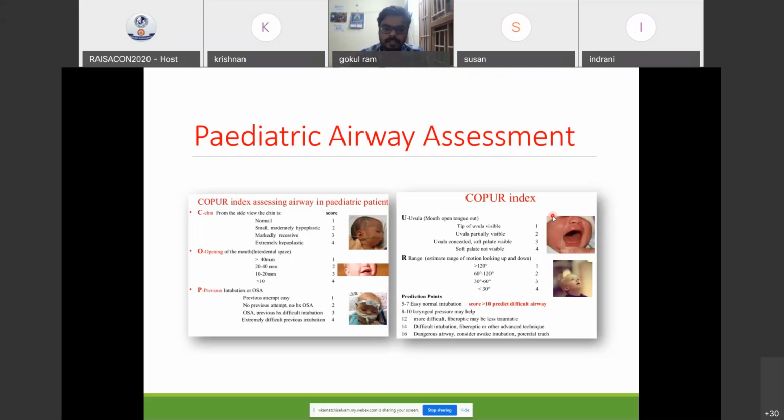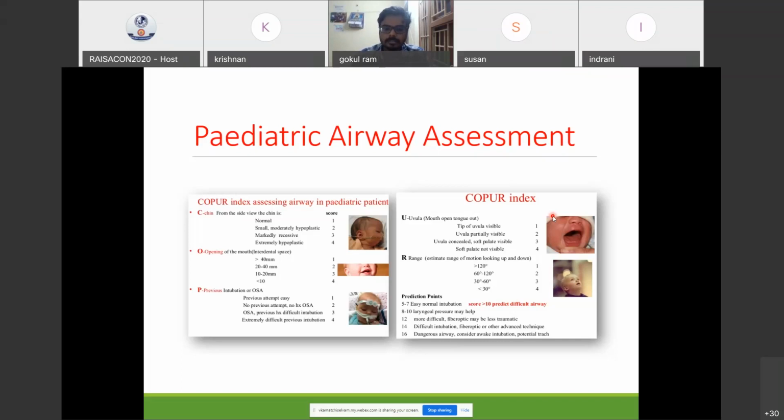For an older child, I'll ask the baby to open the mouth and perform it. The baby is 1 year, so I will manually try to open the mouth and see if the uvula is visible or not, sir. Don't try to do it manually. If the child cries, you just bend your head and see if the uvula is visible or not.